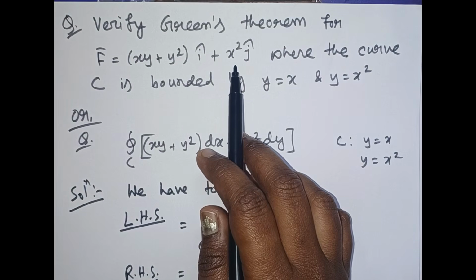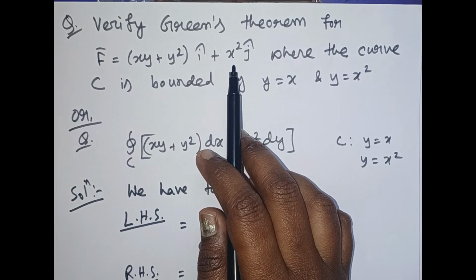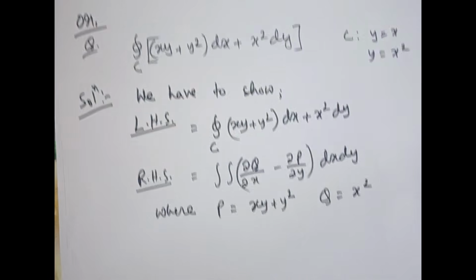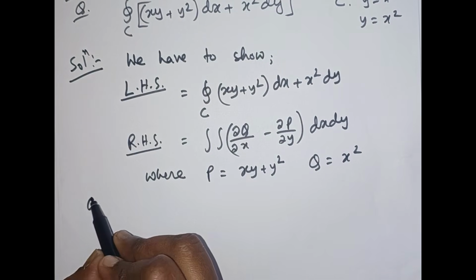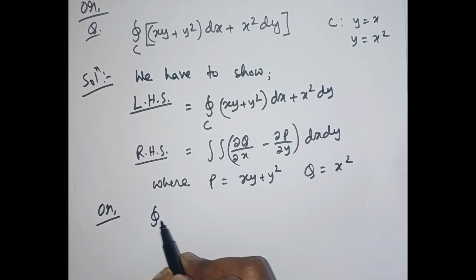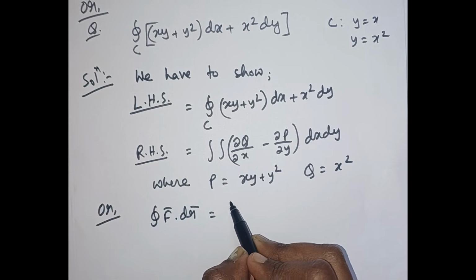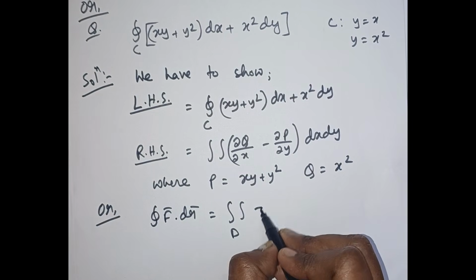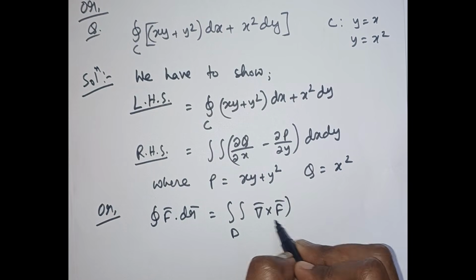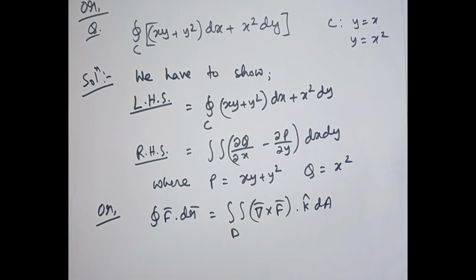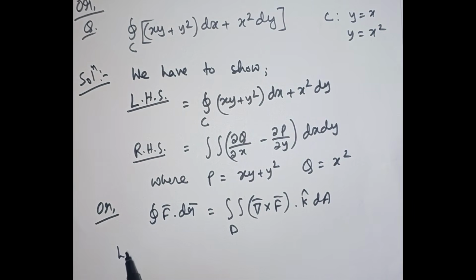Or if you have the question in vector form, then you can write the line integral in F dot dr form, and the right hand side will be curl of F dot k dA. So if the question is in vector form, you can write in the vector terms.